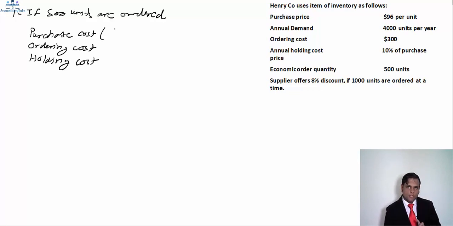Pay very close attention in this example because it has been examined previously. If it comes to inventory, this is the most technical area it can get, so pay very close attention.